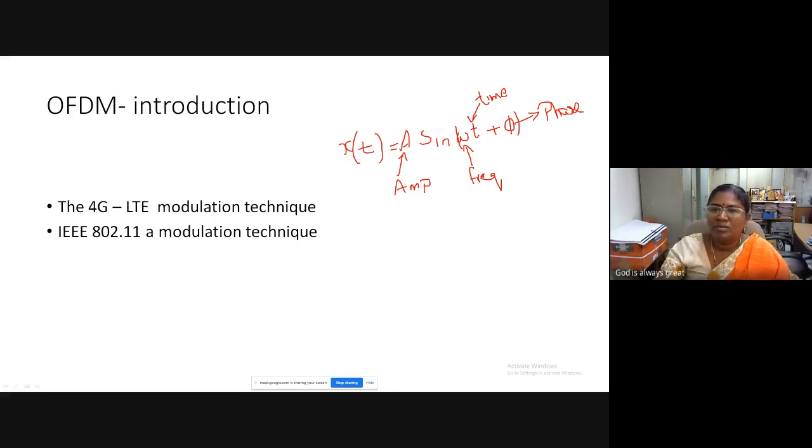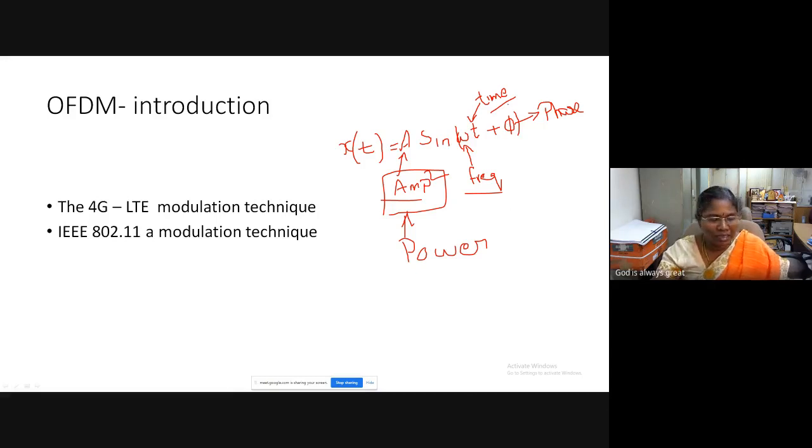Since the integral of phase is frequency itself, it won't be considered a separate parameter, but these three are considered separate parameters: you need amplitude, you need frequency, you need time. The amplitude squared will be nothing but your power, right? So this is how the energy is converted in terms of power, frequency, and time.